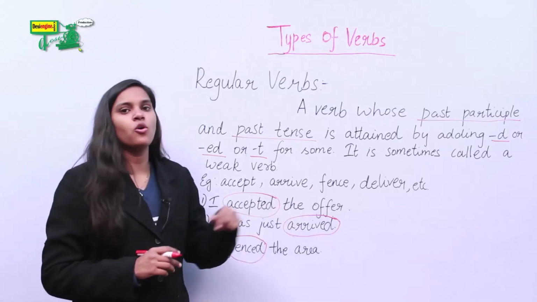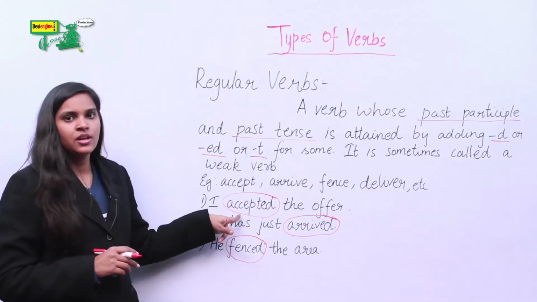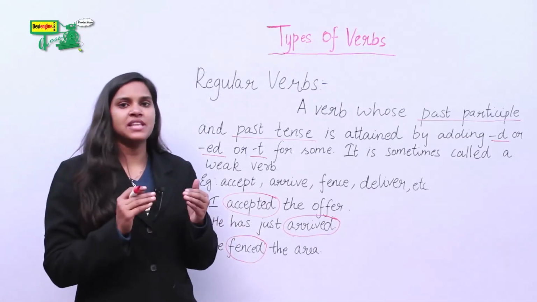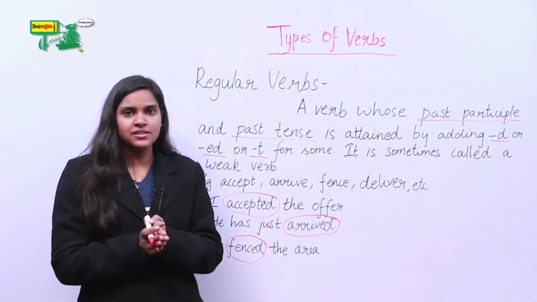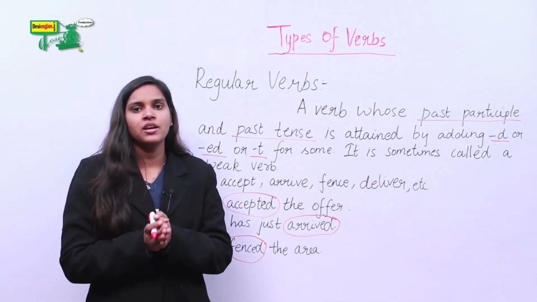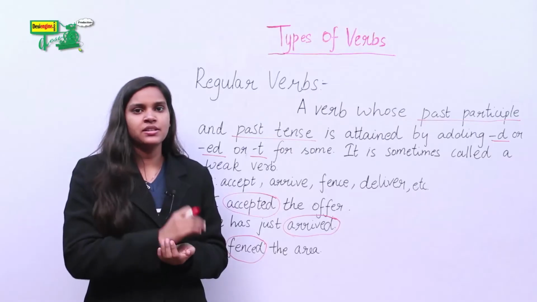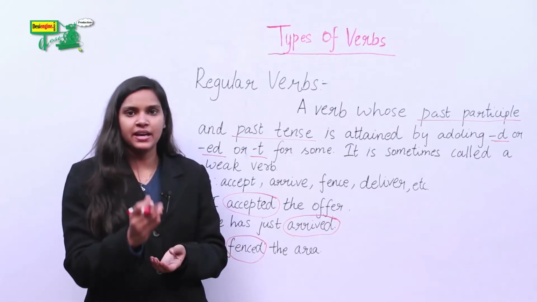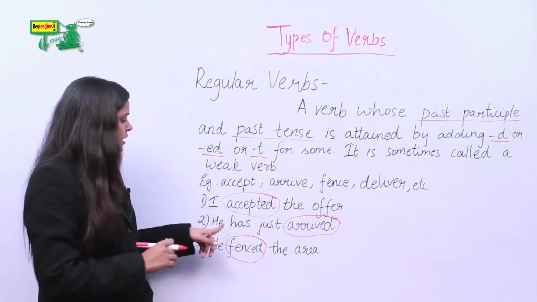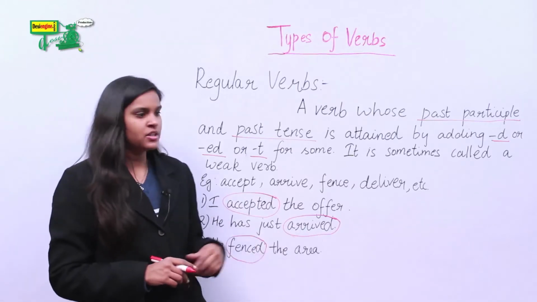I accepted the offer. Here, a regular verb is accepted because the main verb is accept and the past participle and past tense of the verb accept is got by adding ed at the end of the verb. That is, accept becomes accepted. In the next sentence, he has just arrived.